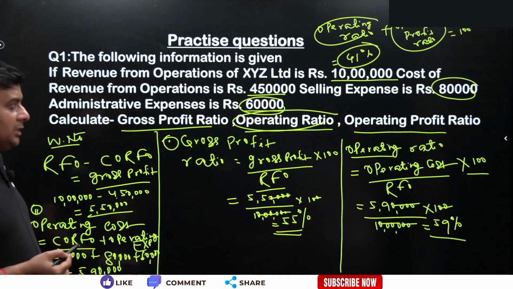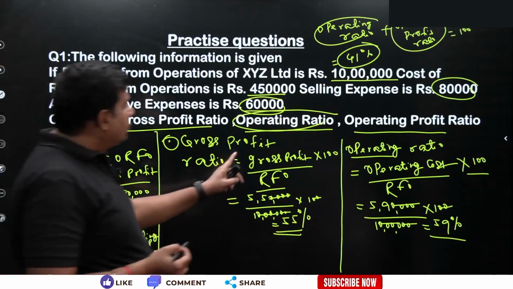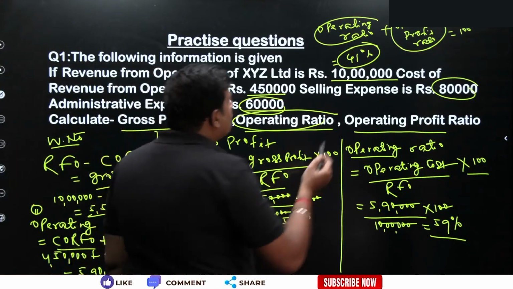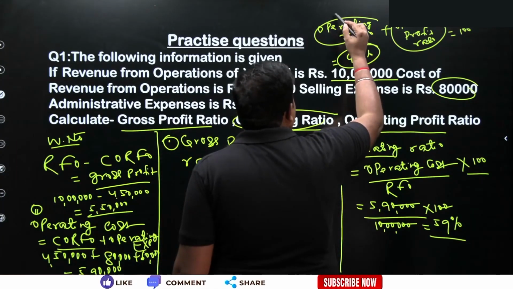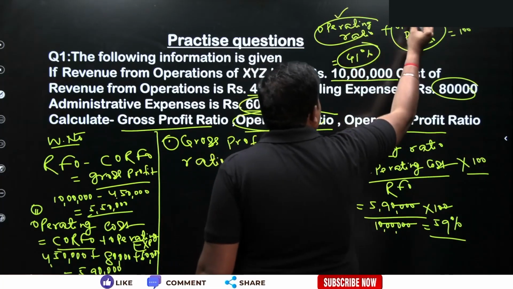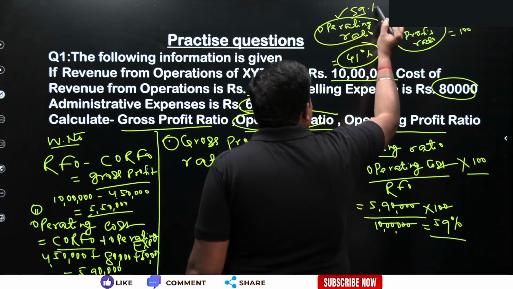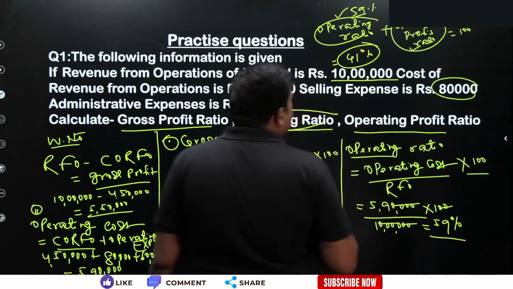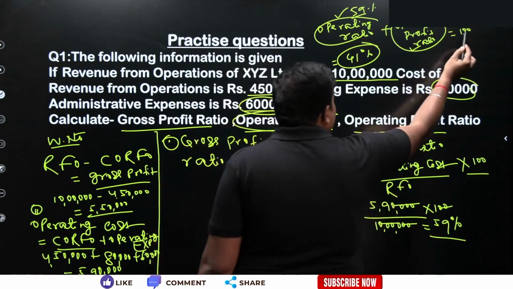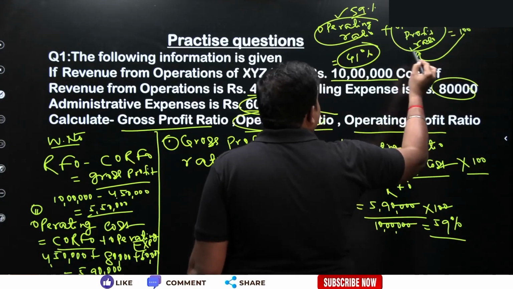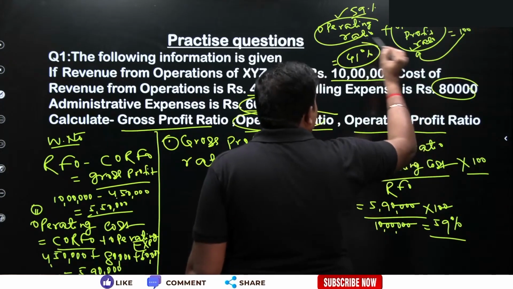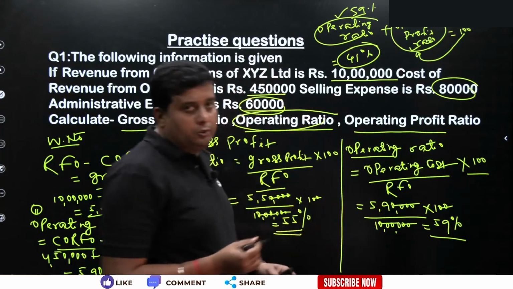ठीक है, तो इस तरह से आप कैलकुलेट कर सकते हो. जैसे इस क्वेश्चन में हमने operating ratio calculate कर लिया था, operating profit ratio given नहीं है, so this is 59%. So suppose if you need to calculate the operating profit ratio, so what you can do is 100 minus operating ratio will give you the operating profit ratio.